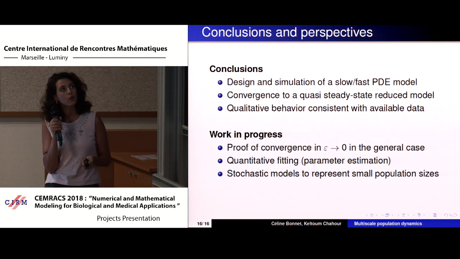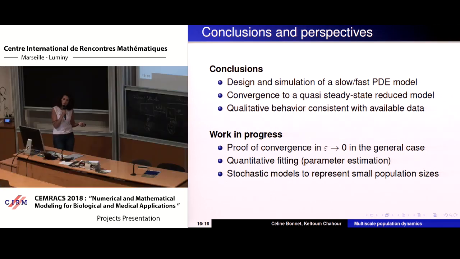What we are working on, so the perspective: we have presented a proof of convergence in the linear case, and we can say also that we have a numerical proof of convergence given by those plots showing that the solution for the PDE with epsilon converges to the solution of the reduced model.